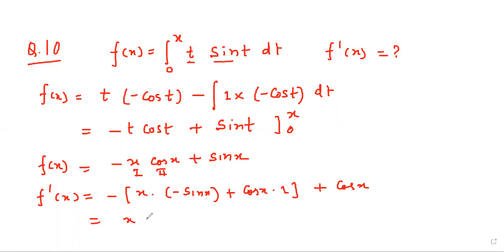It will become x sin x minus cos x plus cos x. Here cos x will cancel out and we will be left with x sin x, which is our answer.